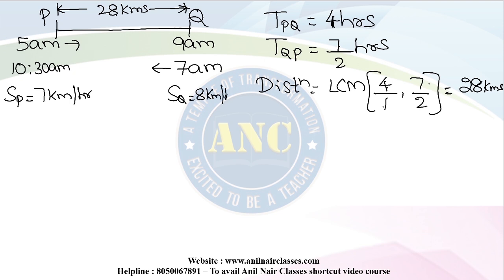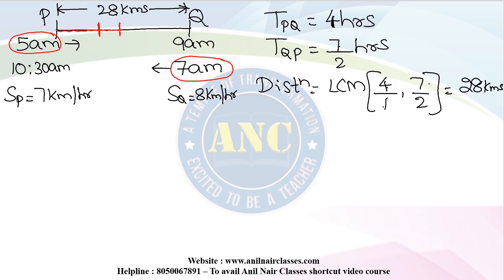Now think a little logically, you will understand it much better. Can I say that the first train is starting at 5 o'clock itself, whereas the second train is a little bit lazy. It is starting at 7 o'clock. So from 5 o'clock to 7 o'clock, only the first train P is traveling alone, right?